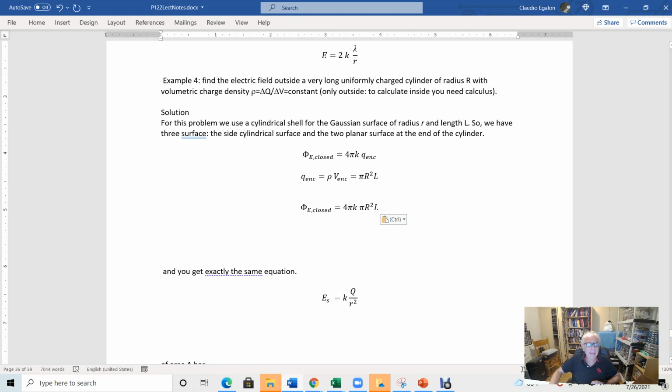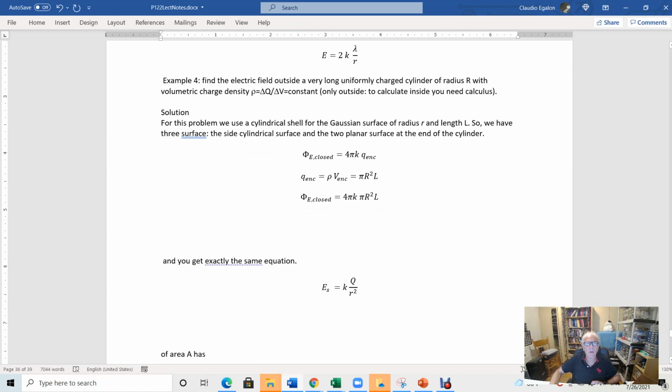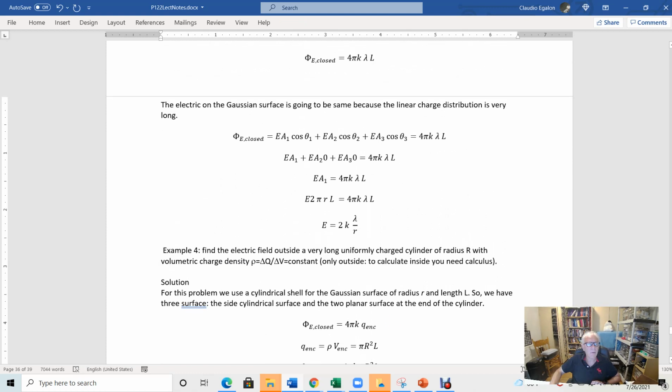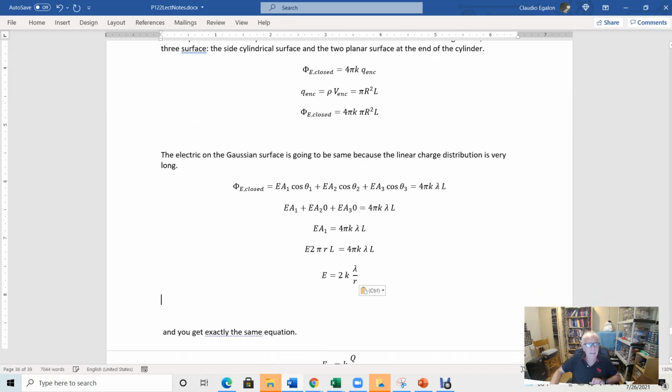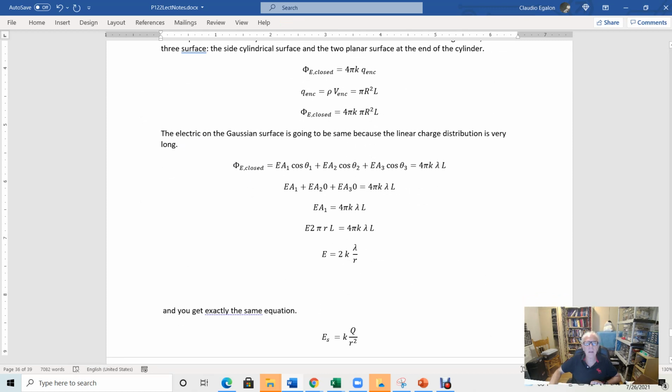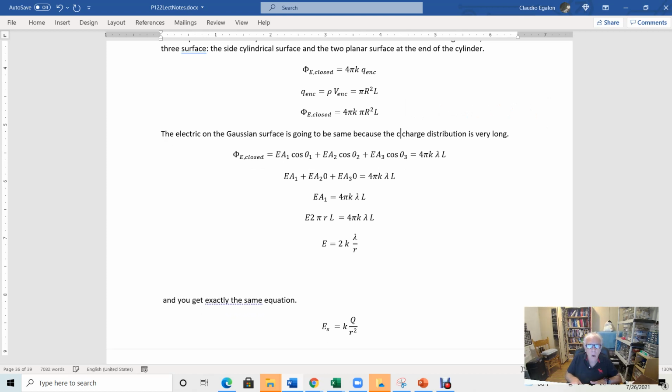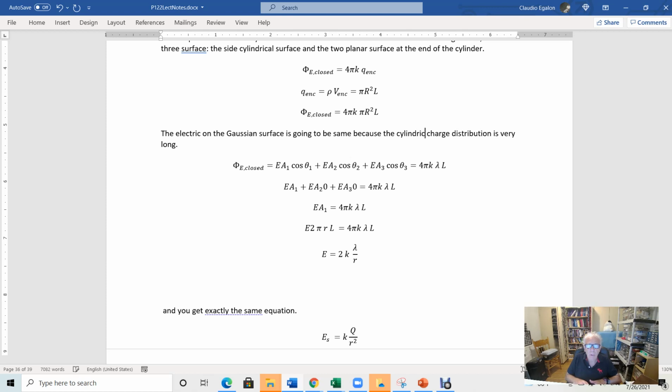See, it's slightly different, but you're going to get the same result that you got before. The electric field on this Gaussian surface is exactly the same as before, because the cylindrical charge distribution is very long, and we're on a surface of the same radius.